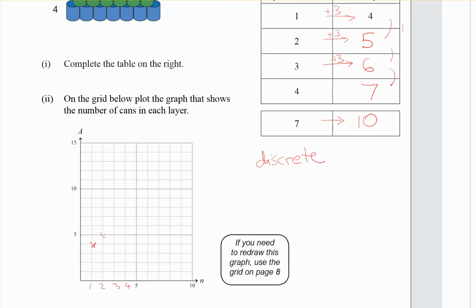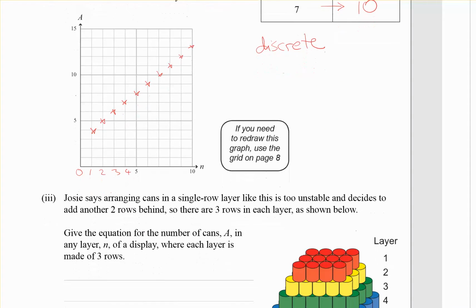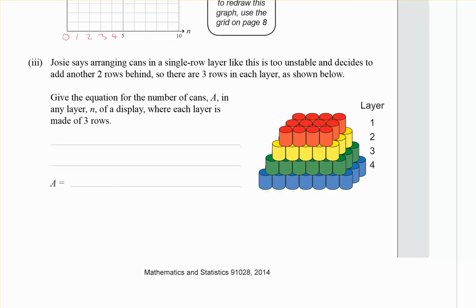The second layer is 5, 6, 7. It doesn't say where to stop, so we'll keep going. Need to consider 0th layer, but obviously 0th layer won't have any cans, and we don't need to join it up.